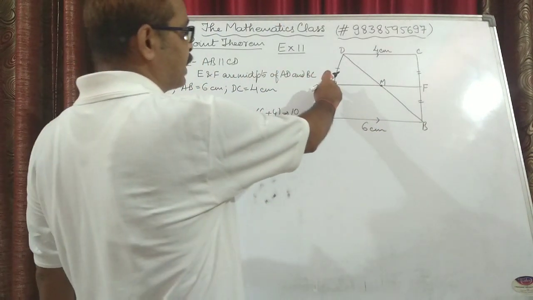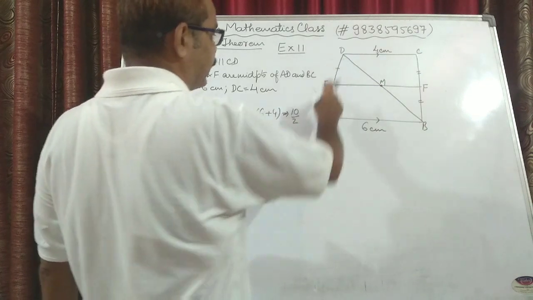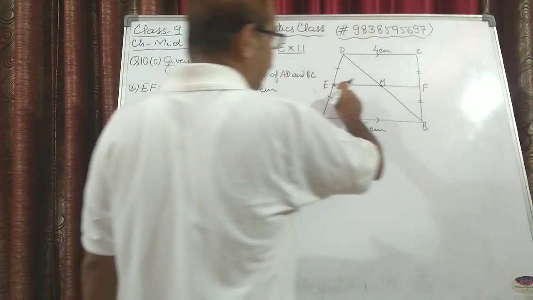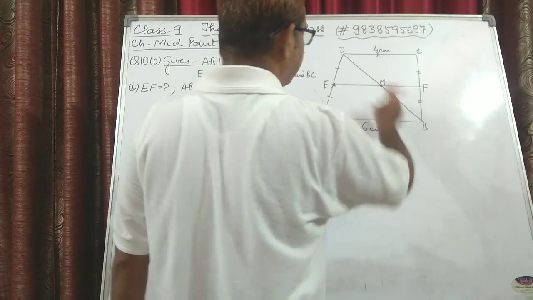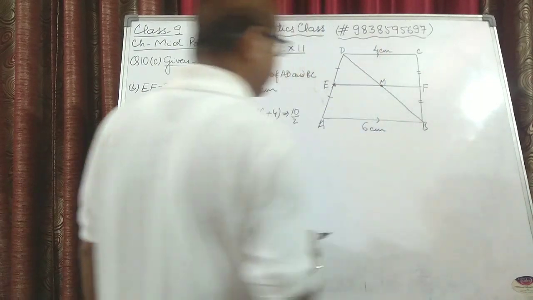Because it is only given that E is the midpoint of AD and it is not given that EF is parallel to AB or EF is parallel to CD.